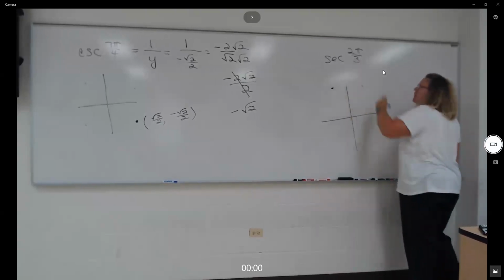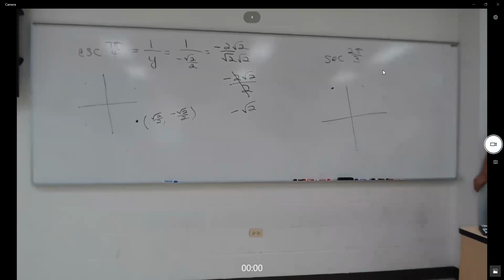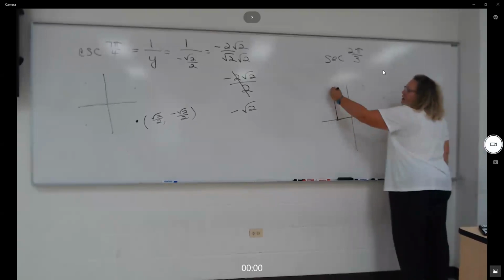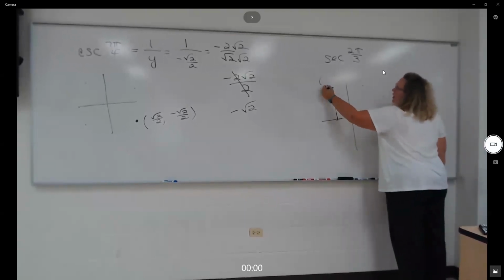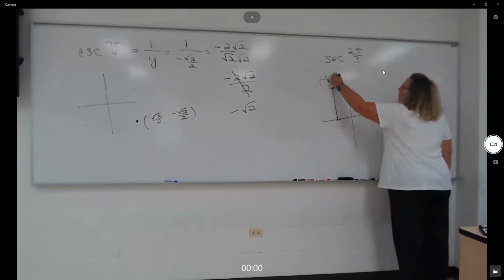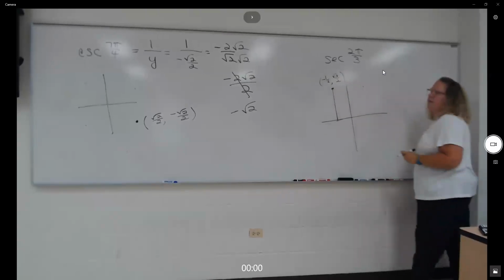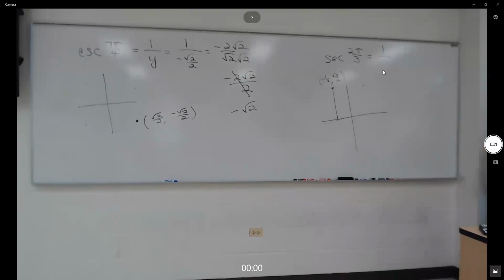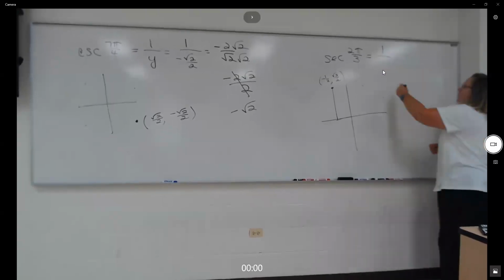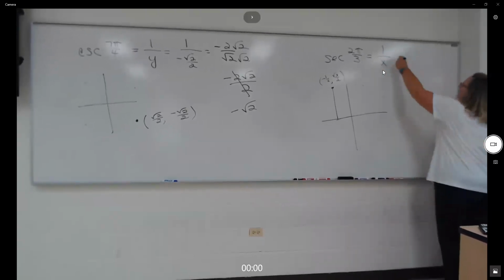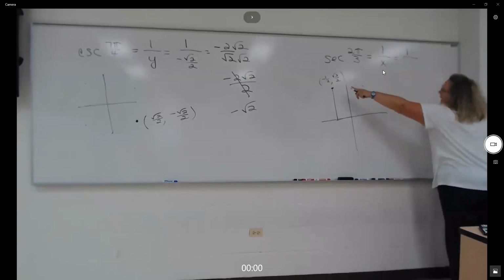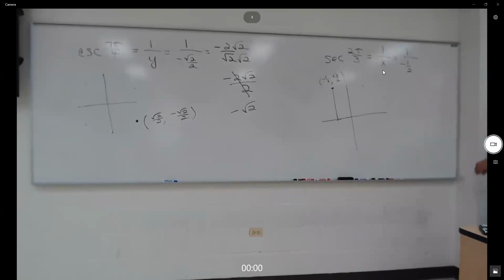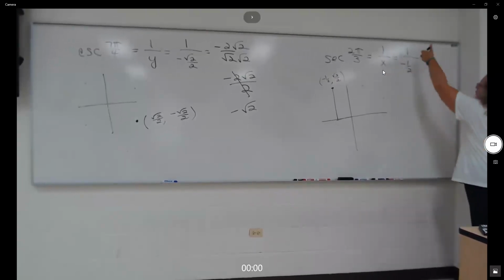That might have been a good one to talk about because you had to change it to 6, 4 pi over 6. Short line, long line. So short is 1/2, long square root of 3 over 2. And secant is 1 over x. So 1 over x, which is negative 1/2. And what does that simplify to? Flip it over.